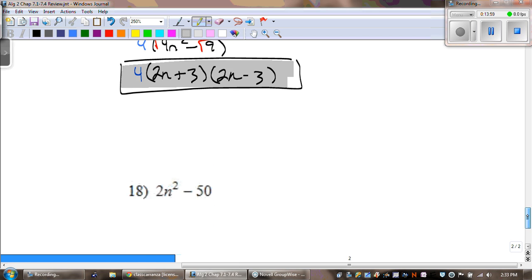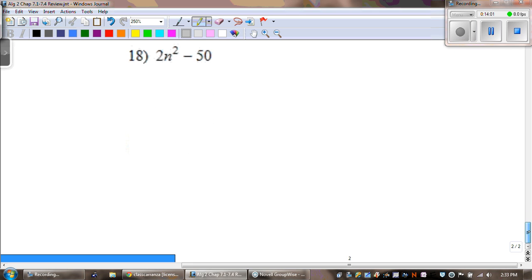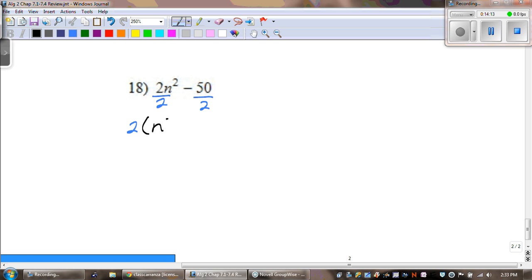Okay, and the last one, right? Okay. So, is there a GCF? Yes. Okay, there's a 2. We can factor out the 2, and we're left with n squared minus 25. Now, is it a binomial? Yep. Is it subtraction?